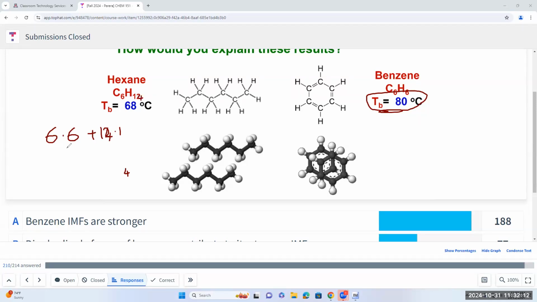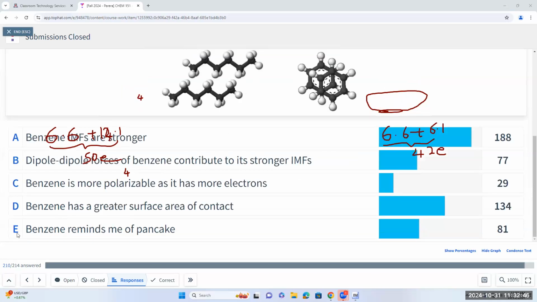So altogether, we have 50 electrons in hexane. On the other hand, in benzene, we have 6 carbons, 6 times 6, plus 6 hydrogens, 6 times 1. We only have 36 plus 6, which is 42 electrons. So we have fewer electrons in benzene. Therefore, benzene is actually less polarizable than hexane. So option C is incorrect.